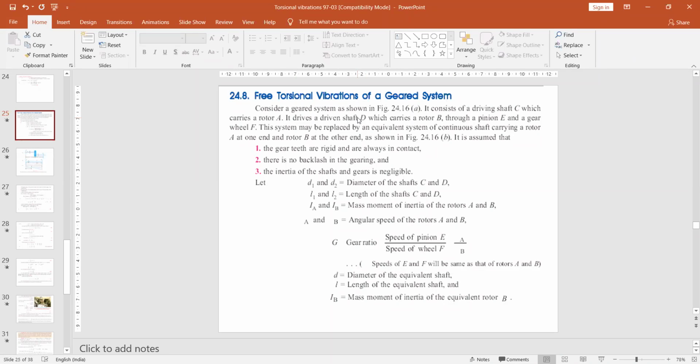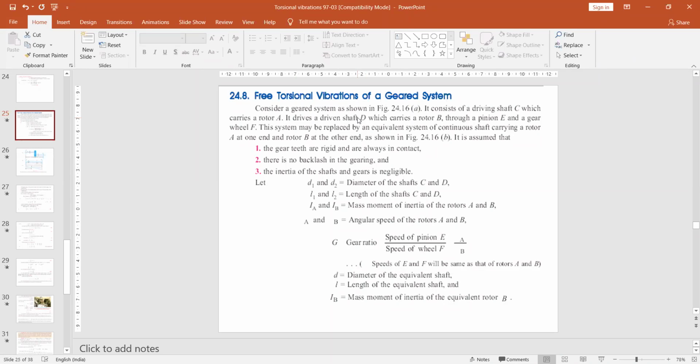That means we may also place gears between the shafts. So we are having gears in our system. How to get our values, how to achieve them? That is important.